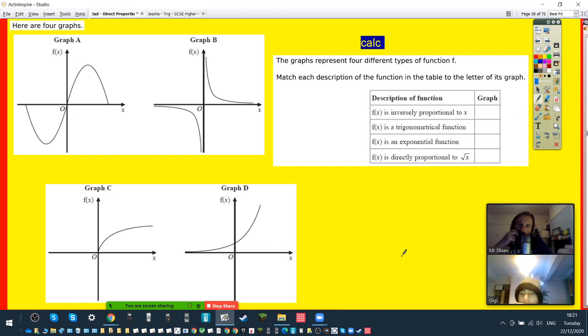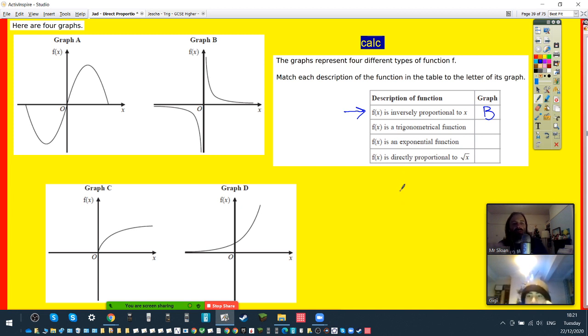Okay, exam question. What is the first one? That one's graph B. I'm not sure.